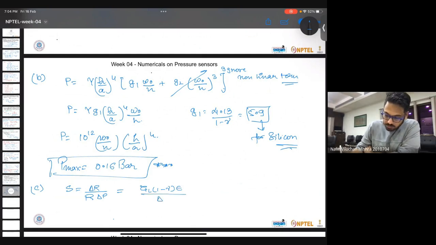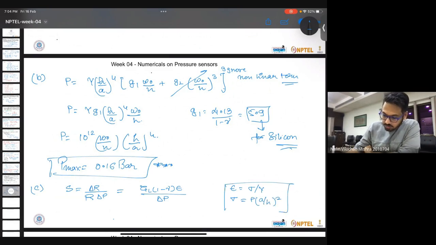By change in P. Also, this strain can be written as this, and the value of stress can be written as PA by H whole square.